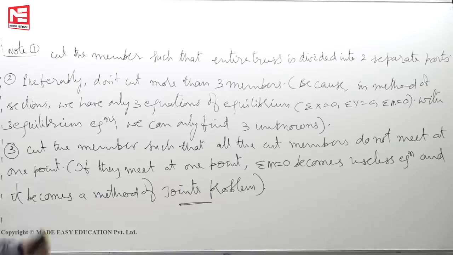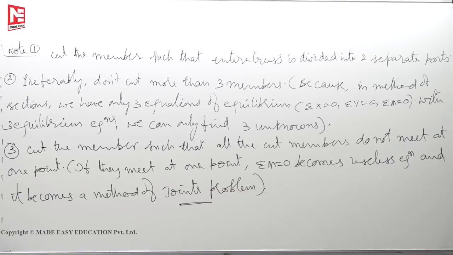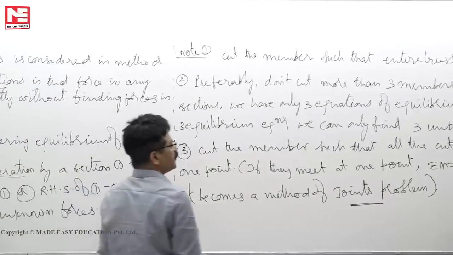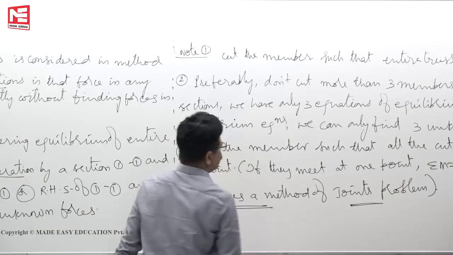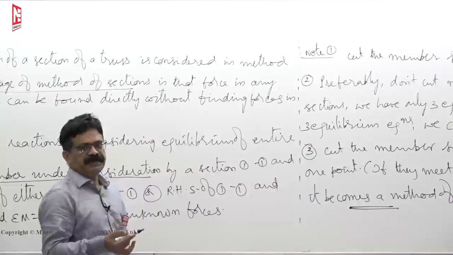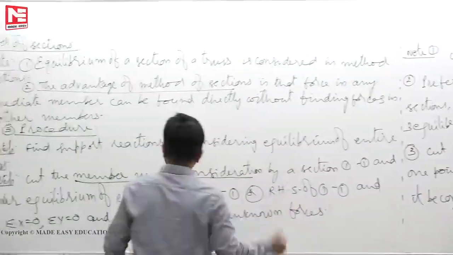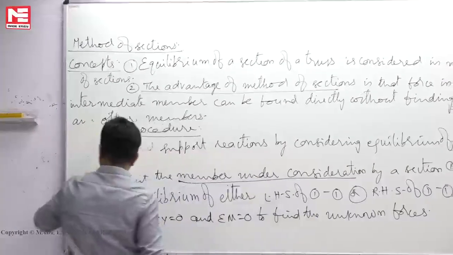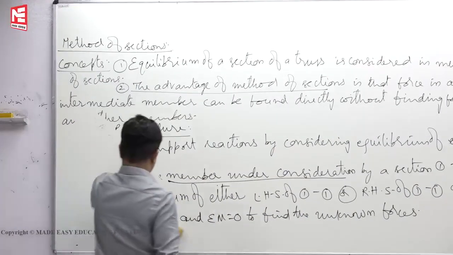That is why method of joints is a particular case of method of sections where the cut members meet at one point. If they don't meet, it becomes method of sections. These 3 points we have to keep in mind when cutting the member in method of sections. Let us see how to make use of those 3 points in our problems.